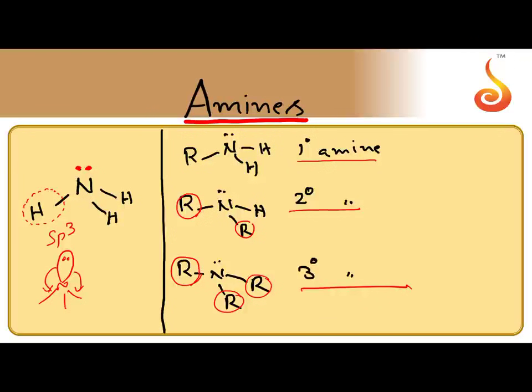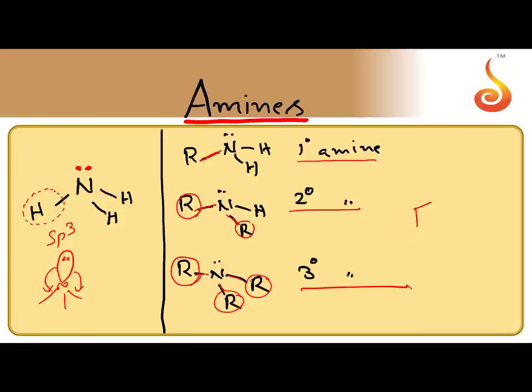So based on the degree of alkylation of ammonia, amines are divided into 3 types: 1 degree, 2 degree, 3 degree. Here N is attached to only one carbon, 1 degree amine. N is attached to 2 other carbons, 2 degree amine. N is attached to 3 carbons, 3 degree amine. So the type depends on how many carbons N is attached to.